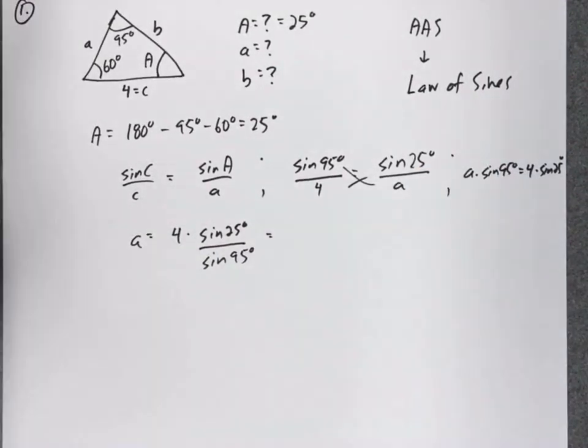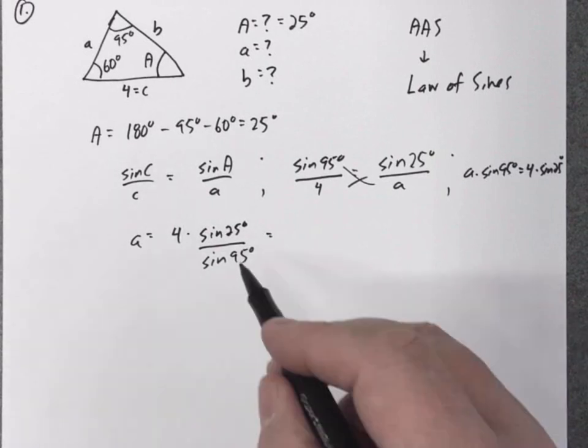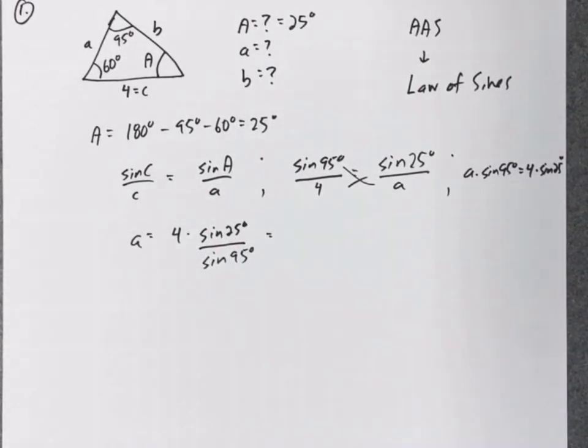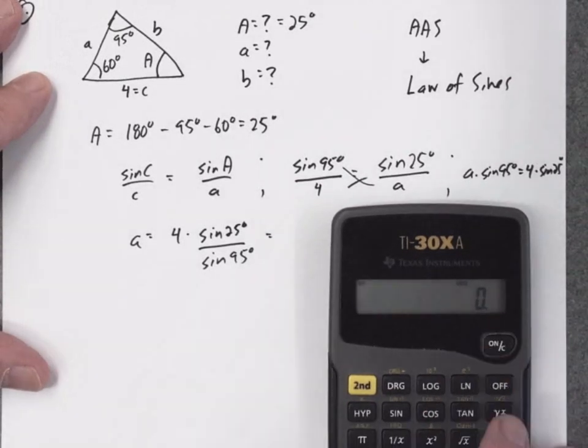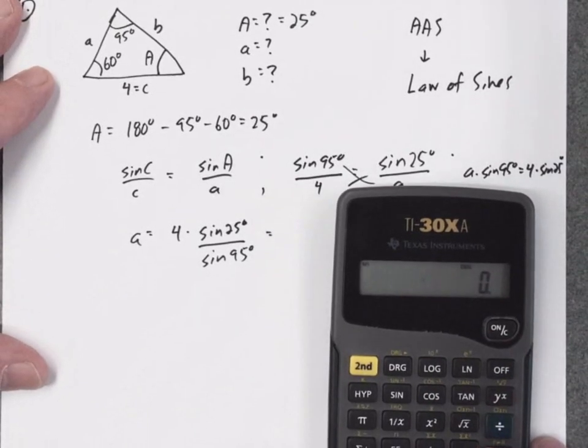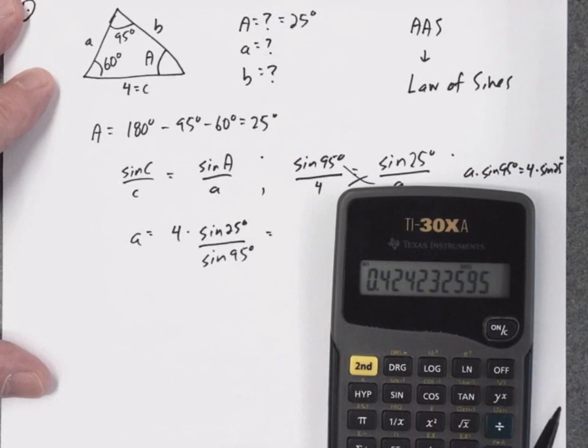So grab your calculator, make sure it's in degree mode, because the angles are in degrees. I'm going to say sine of 25 divided by sine of 95 equals, and multiply that by 4.